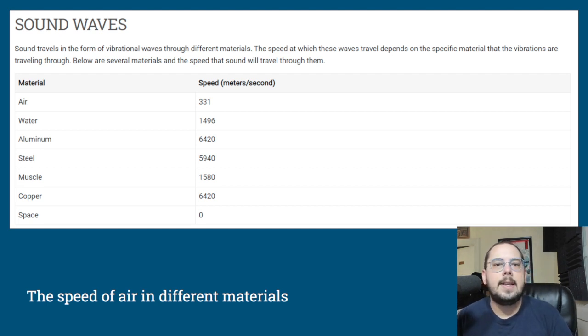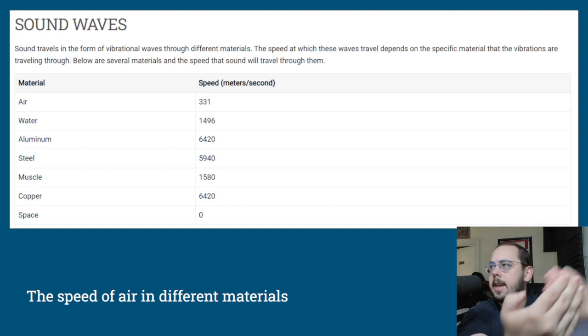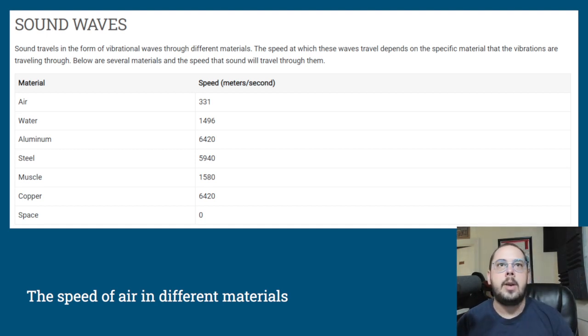So one thing that's important to note is that without some medium to travel through, again, it's usually air, but not always, sound cannot exist. Again, it's reliant on molecules of some kind of material bumping into each other and transferring that energy until it hits our ears.